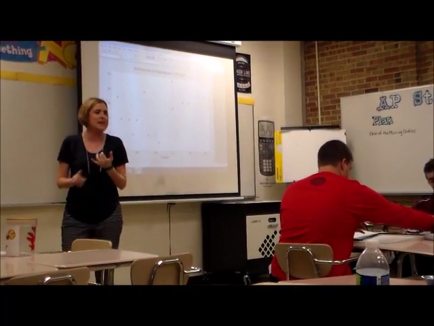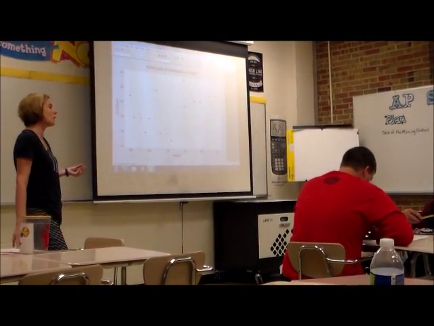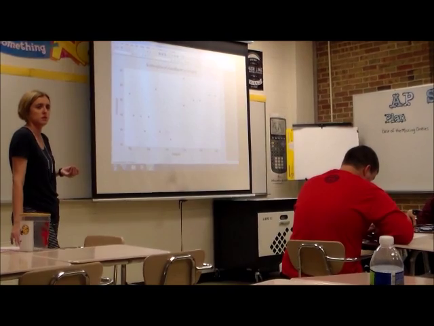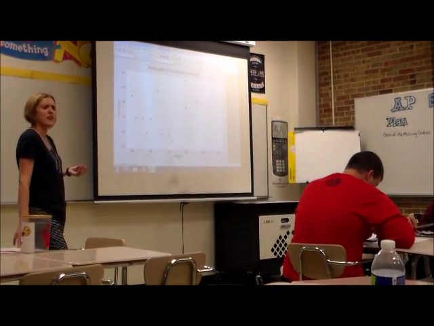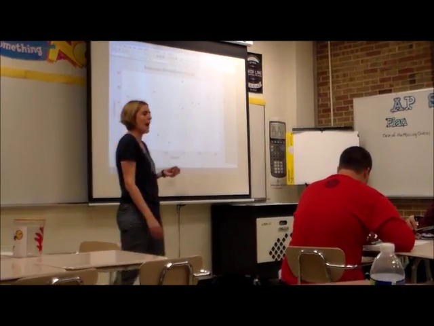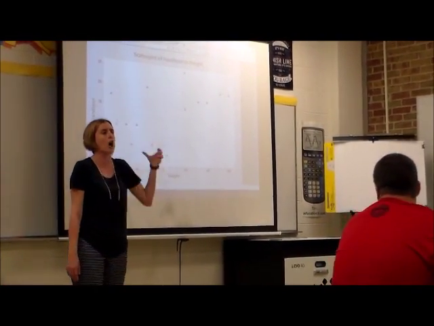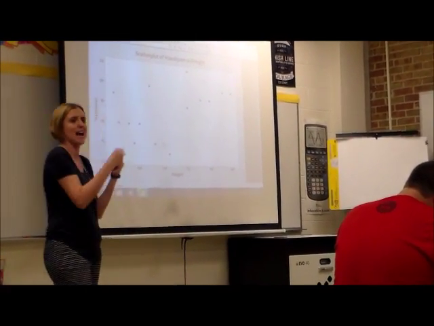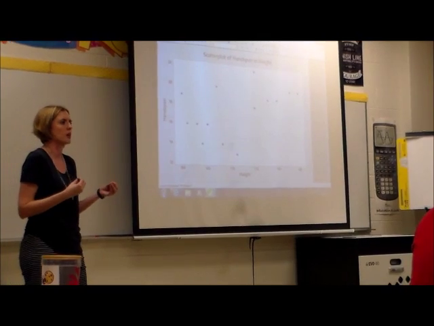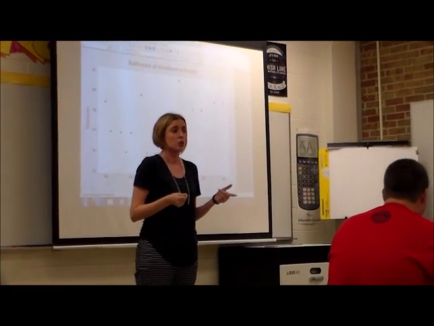Other information we can gather from it: is it a fairly strong positive relationship? No. What would a very strong positive relationship look like? If I was going to graph a very strong positive relationship, what would that visually look like with our dots? Linear. So what does that mean?